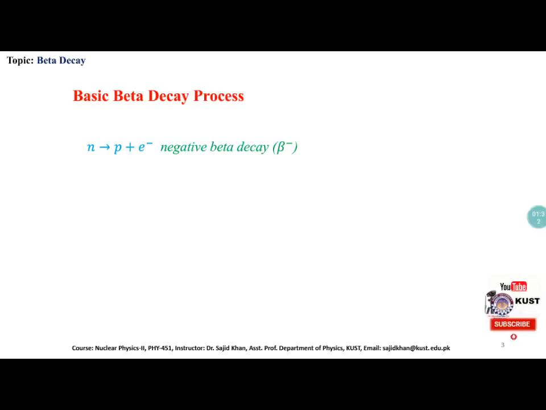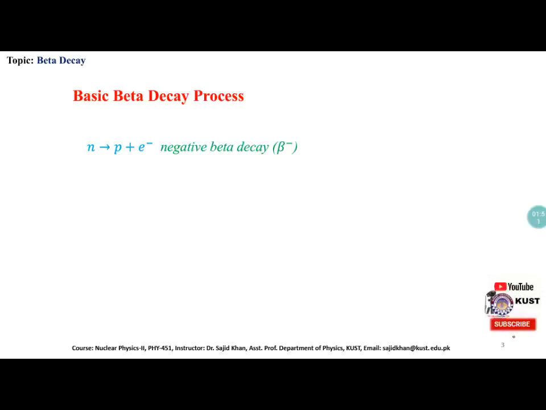Then this process is called negative beta decay. Here the proton stays inside the nucleus and the electron comes out of it, and this process is allowed on the basis of charge conservation.